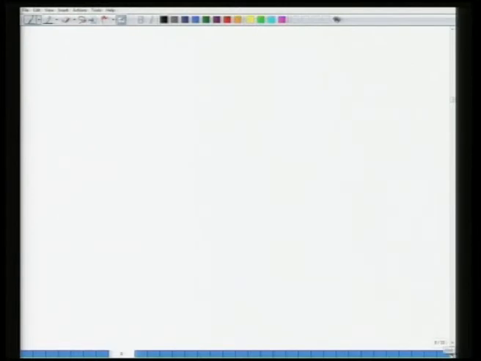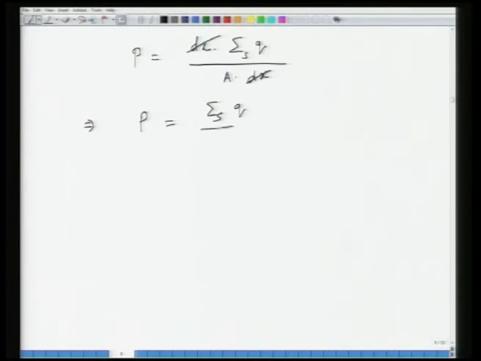So, if this is the polarization P, then P can be written as dx sigma sq divided by A dx. The dx cancel each other. As a result, P becomes equal to sigma sq, which is nothing but the total surface charge, divided by A. So, what is the total surface charge?